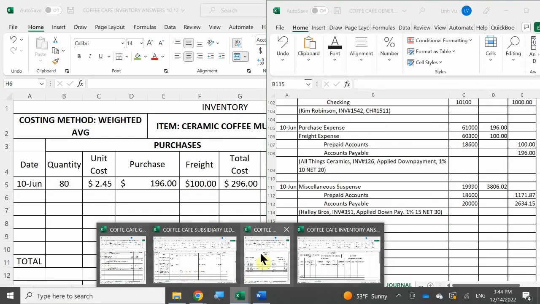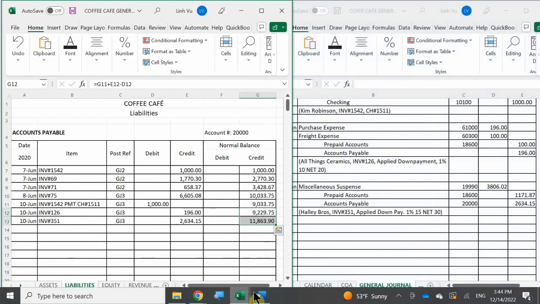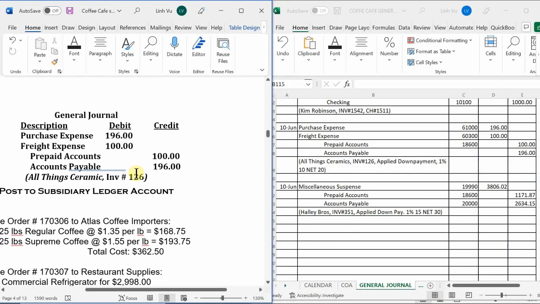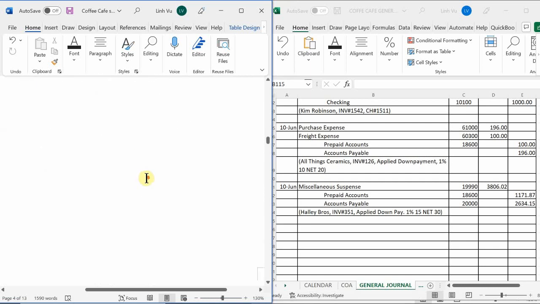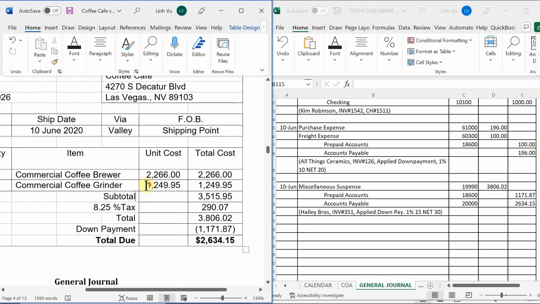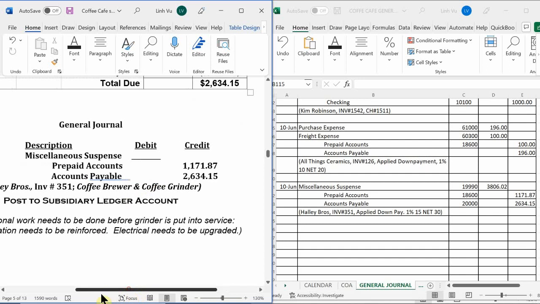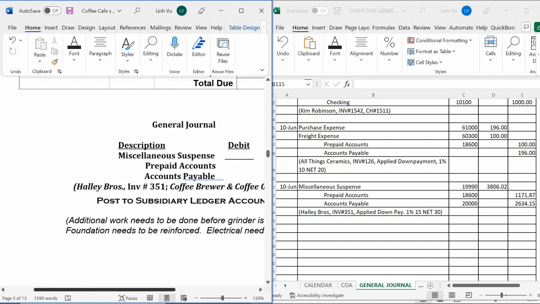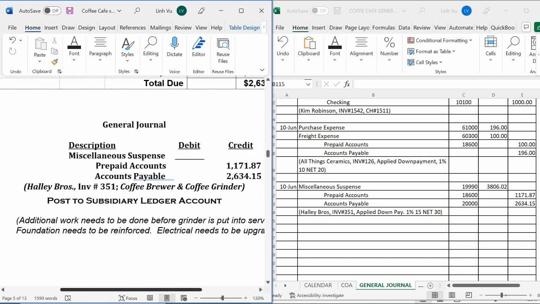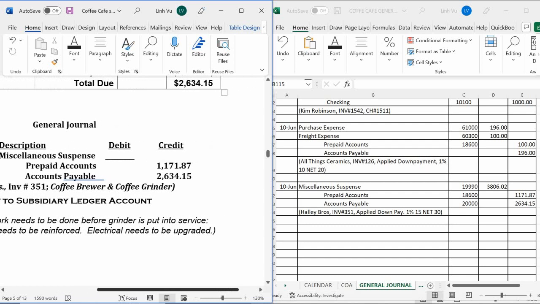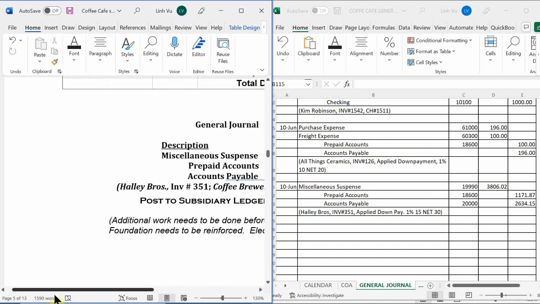So let's go ahead and do the next transaction here. Okay. So like I've mentioned before, the reason why I have it in miscellaneous suspense is because additional work needs to be done on the coffee grinder before it can be put into service, okay?